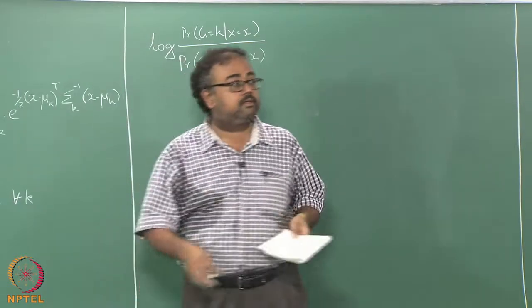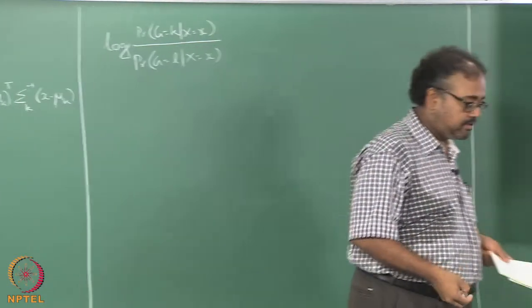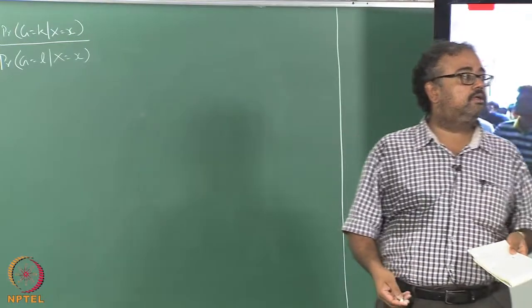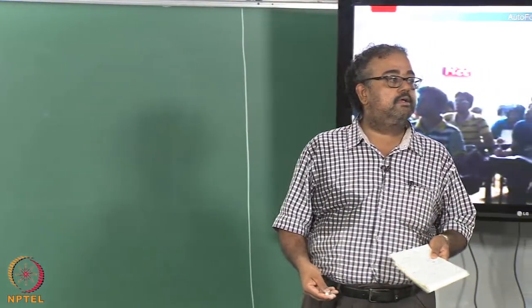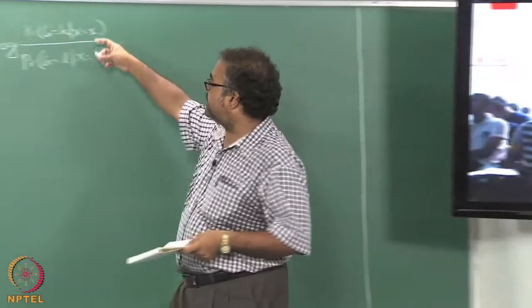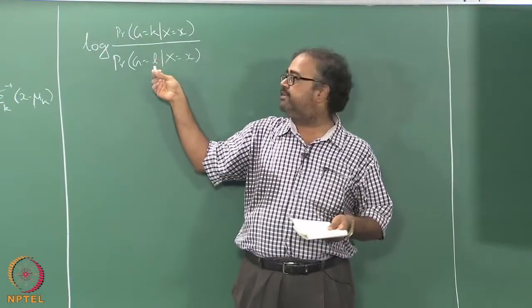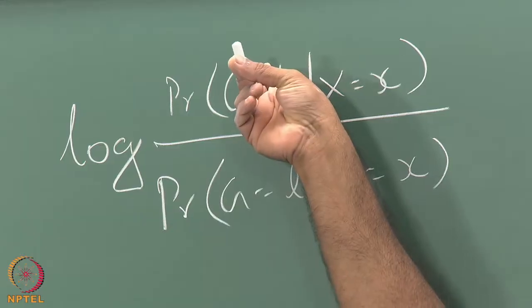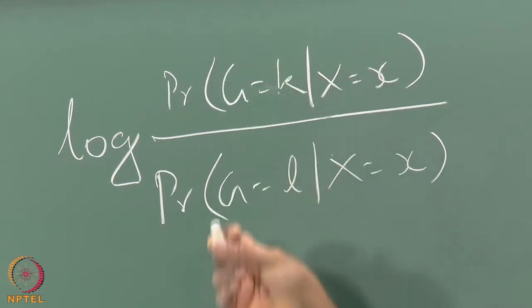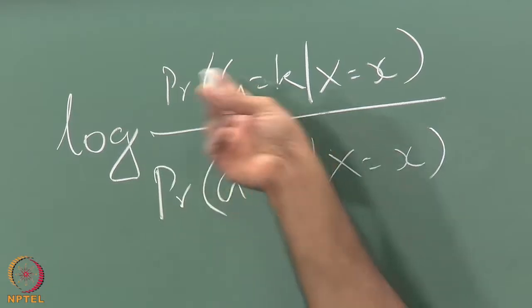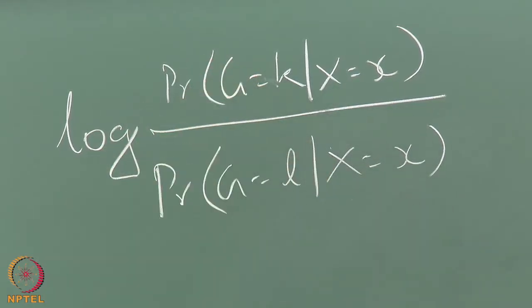Why are we looking at the probability of that data point belonging to a different class in the denominator? This gives you the boundary. When the probability of it belonging to k is higher than the probability of it belonging to L, then you will put it in k. You will have to do this for every pair of classes to make sure that you have the right class.